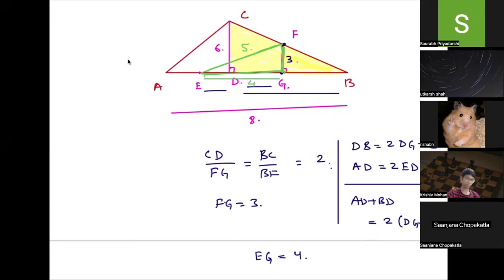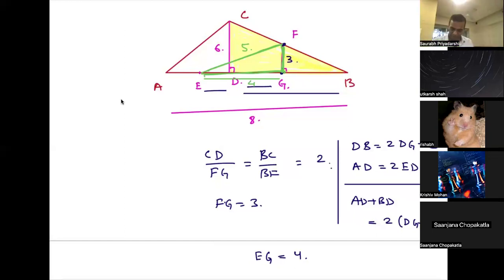Right? Okay. This is a good one. We have used only the basic midpoint theorem, and you are getting this. So this solution, I guess, everyone is getting.